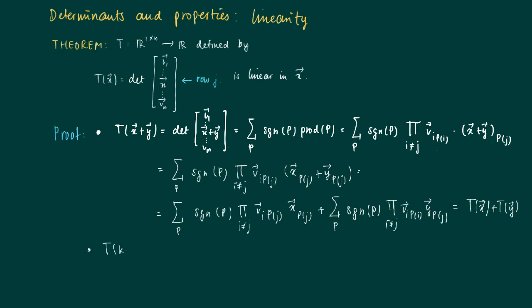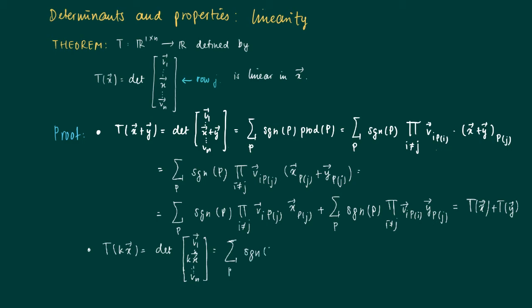So in order to have a linear mapping, we also need to have that the mapping of k times x equals k times T of x. So we now write the determinant again, and instead of x we write k times x, where k is a scalar.